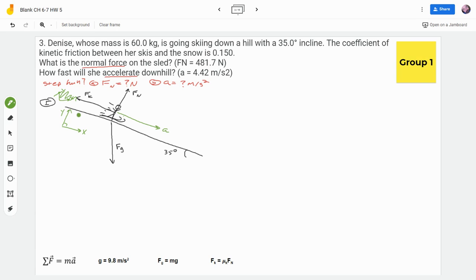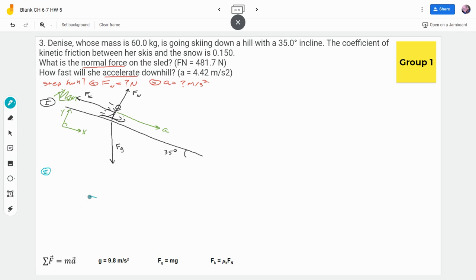So we've got that. So let me go a little bit further. Next, step 2, free body diagram, of course. It's helpful, I think, to do these. You don't have to do it this way, but I think it's the clearest way to do it. The box is Denise.